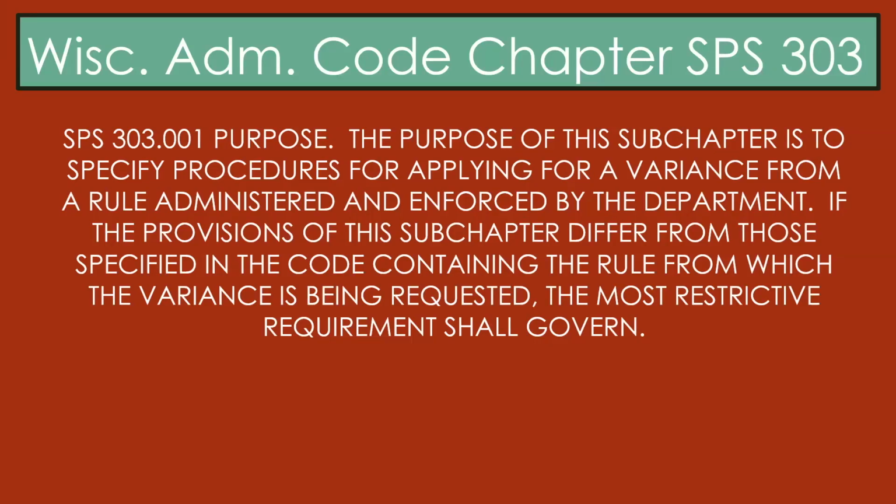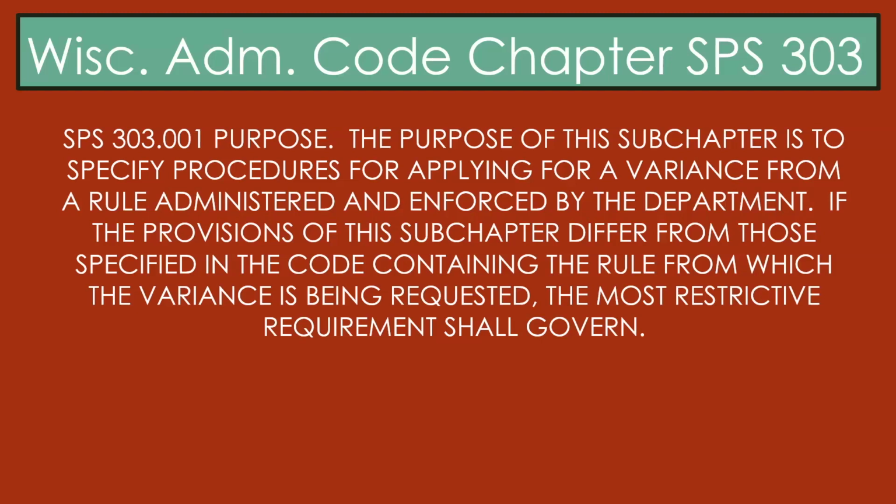When we talk about variances, we have to reference a code that we don't often look at, and that is Chapter 303 of the Wisconsin Administrative Code, which is specific to variances. Chapter 303 outlines the purpose and the procedures for variances.